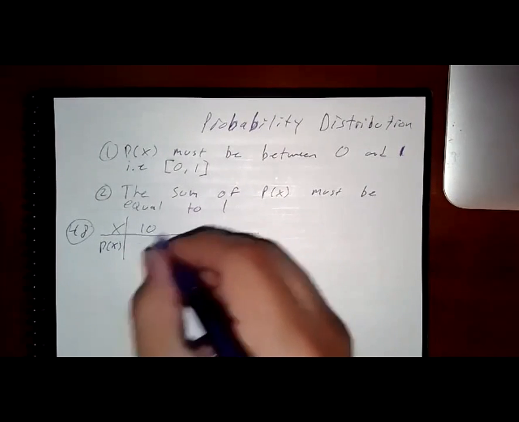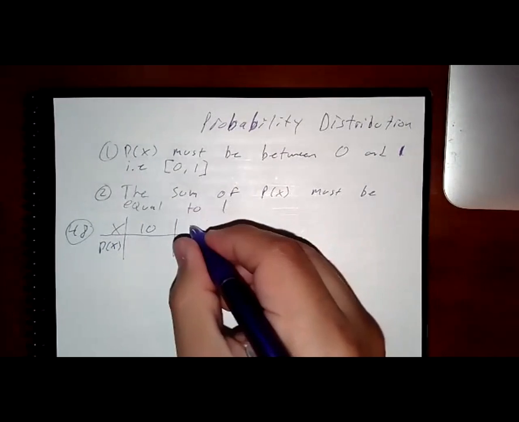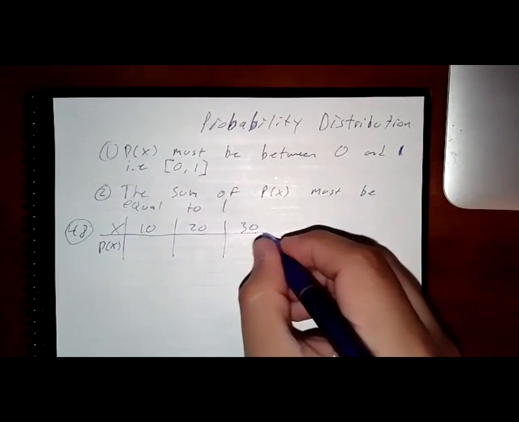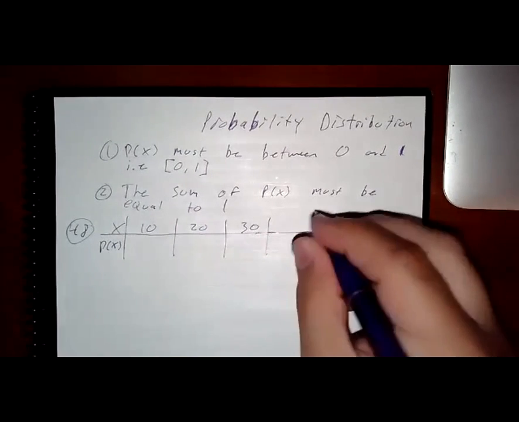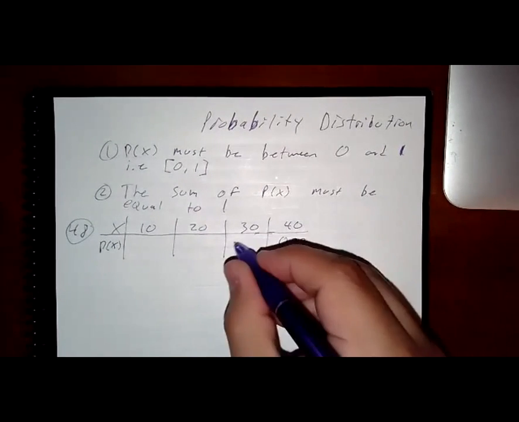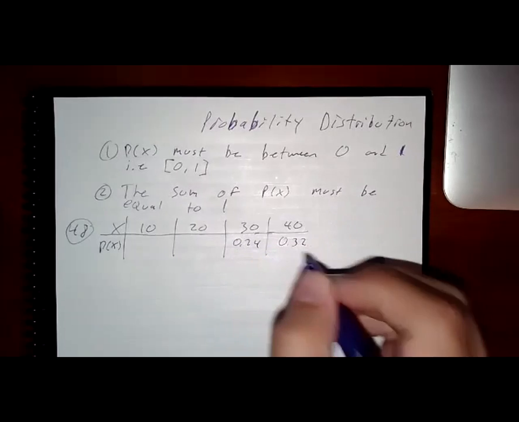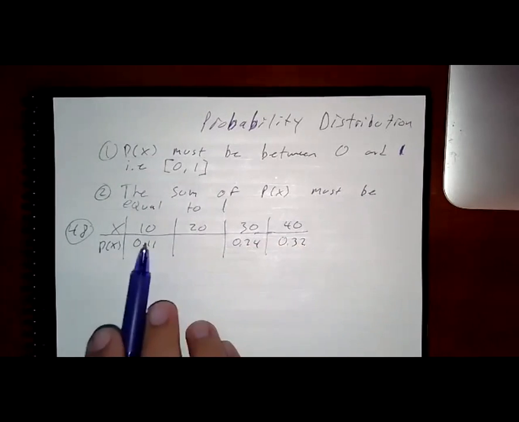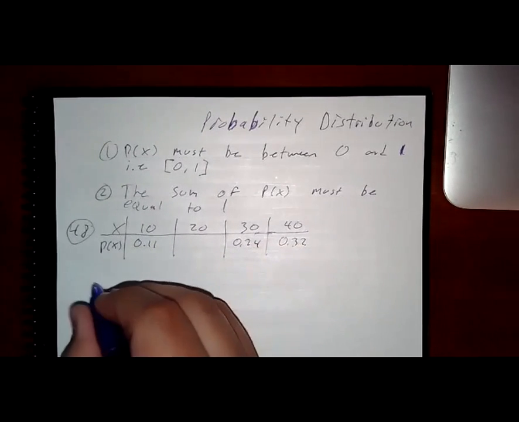So they got 10 here, 20 here, 30 there, 40 here. And then you got 0.32 for the 40, 0.24 for the 30, there's a blank on the 20. So if I add these all up, it has to equal 1.